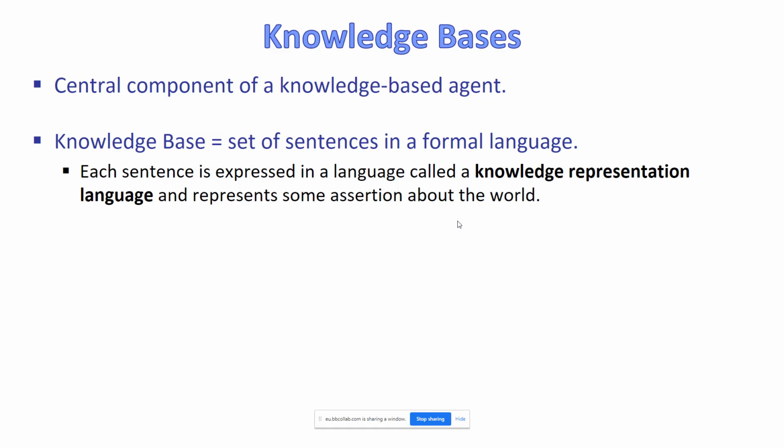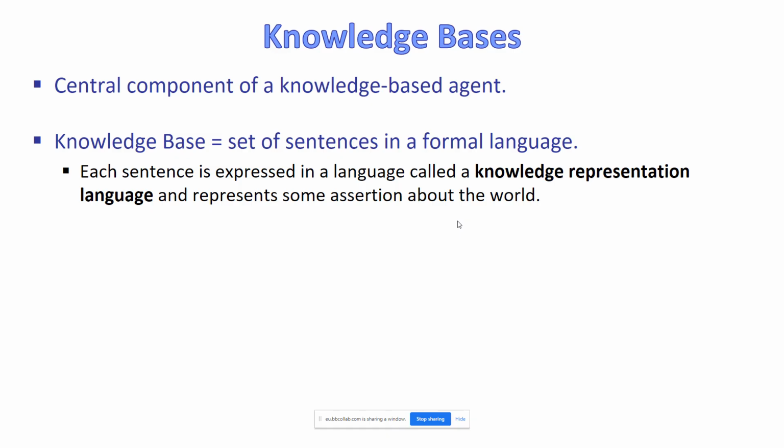Formally, the knowledge base is a set of sentences written in a formal language. We use the word sentences here compared to the word records in databases. Sentences here means a way of representation in a specific language. This language is called the knowledge representation language.